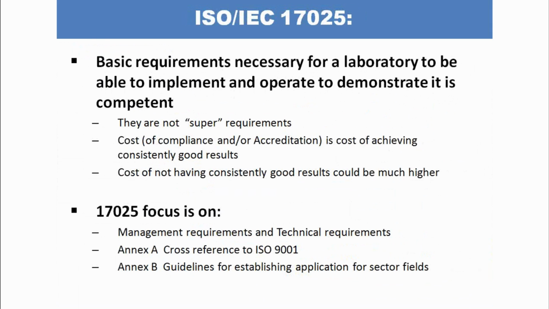Costs. Cost of compliance and accreditation is the cost of achieving consistently good results. And the cost of not having consistently good results could be much higher. Now, the nature of the laboratory is you deal with data. You have to do with accuracy, precision. Actually, these are terms that would eventually define in the long run what is the difference between accuracy and precision.